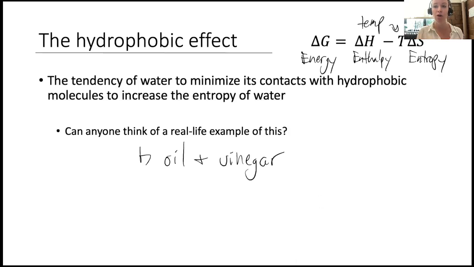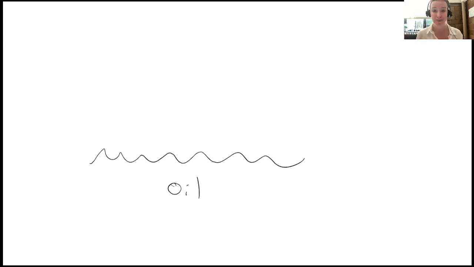Now let's kind of draw this out to understand it conceptually why this is true. So let's draw some oil and some water. So on the bottom here, I'm just going to draw oil in like little waves, and I'm going to label it oil because I don't really want to draw out a whole lipid right now. So there's your oil.